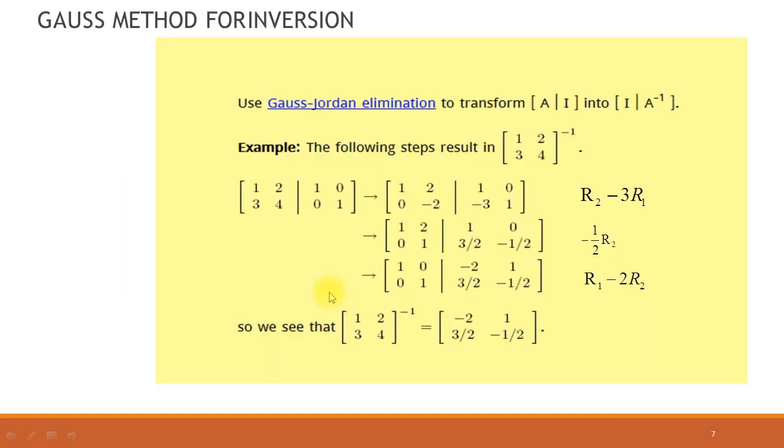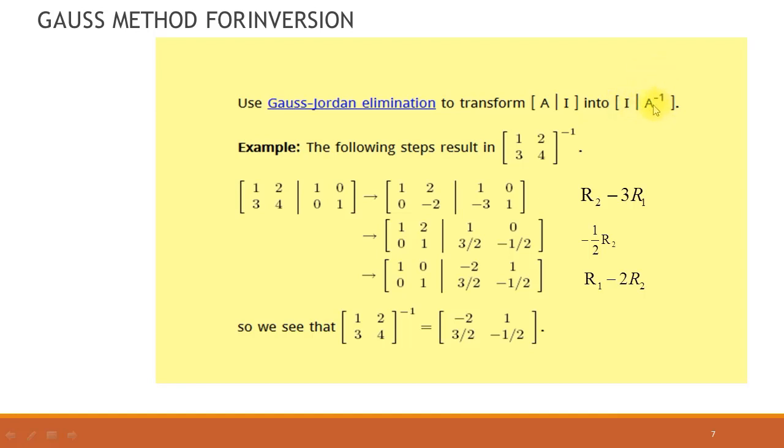Now let's move on to an example. Suppose we have a 2 by 2 matrix and we need to find the inverse of the matrix by the Gauss-Jordan elimination method. The Gauss-Jordan elimination method means to transform the augmented matrix [A | I] into [I | A inverse].